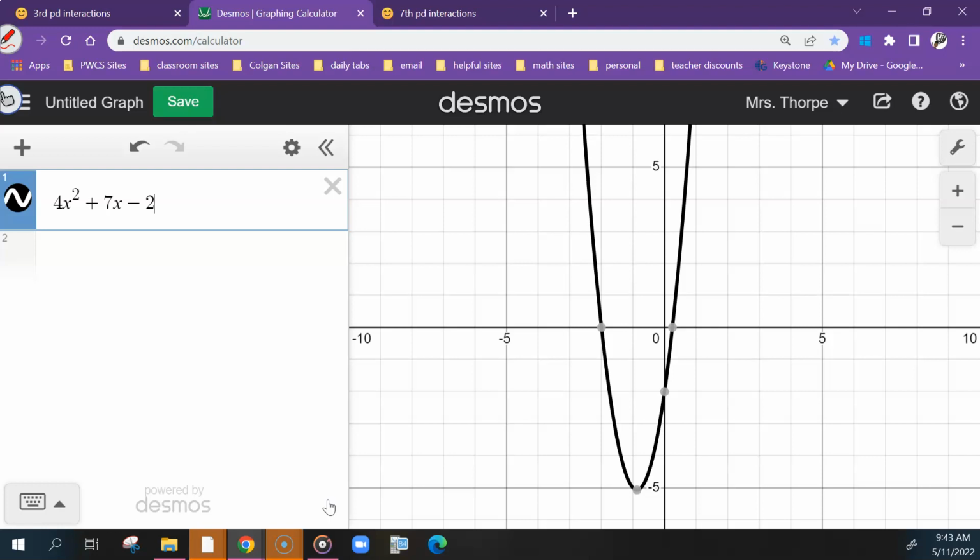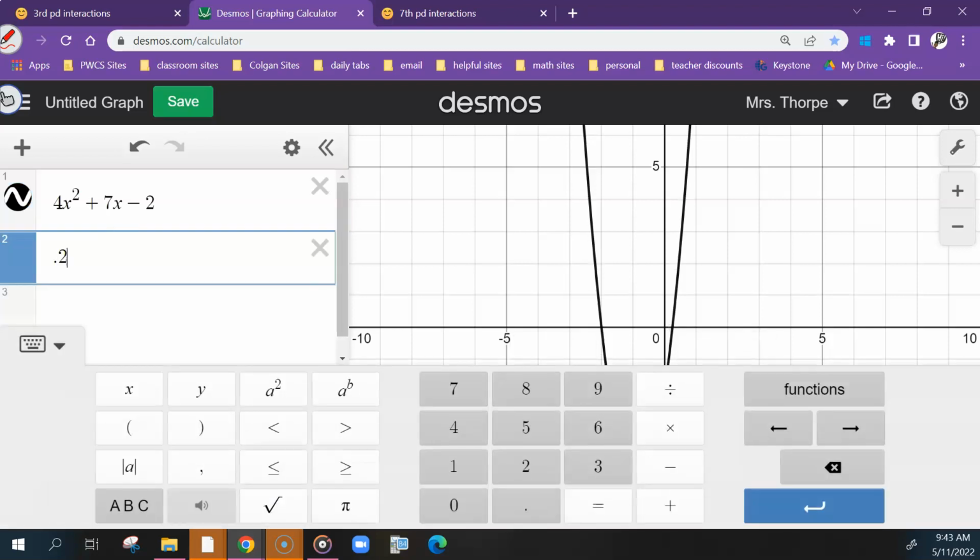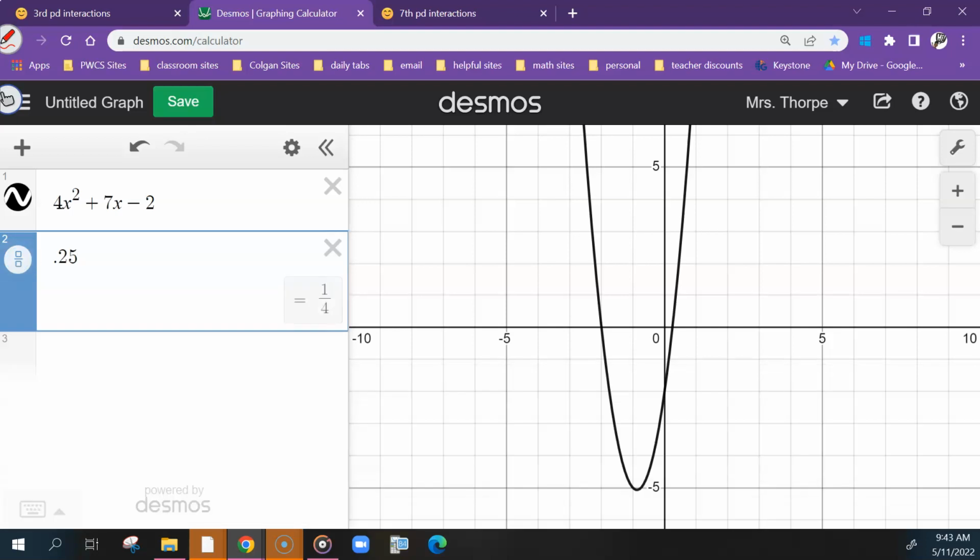So we're going to graph this. Look at the x-intercepts. One of these is -2, one of these is 0.25. 0.25 we know is 1/4, but if you didn't know that, you can put that in and make it a fraction.